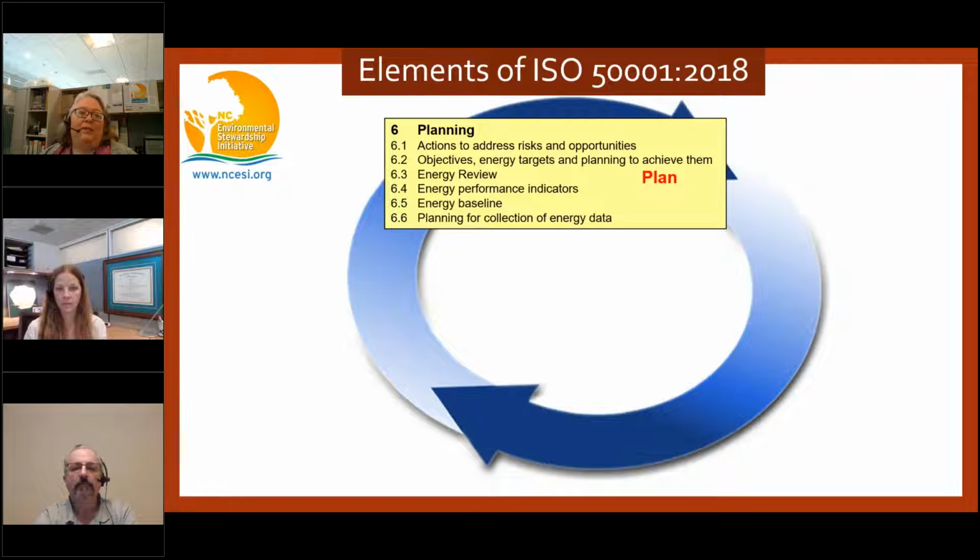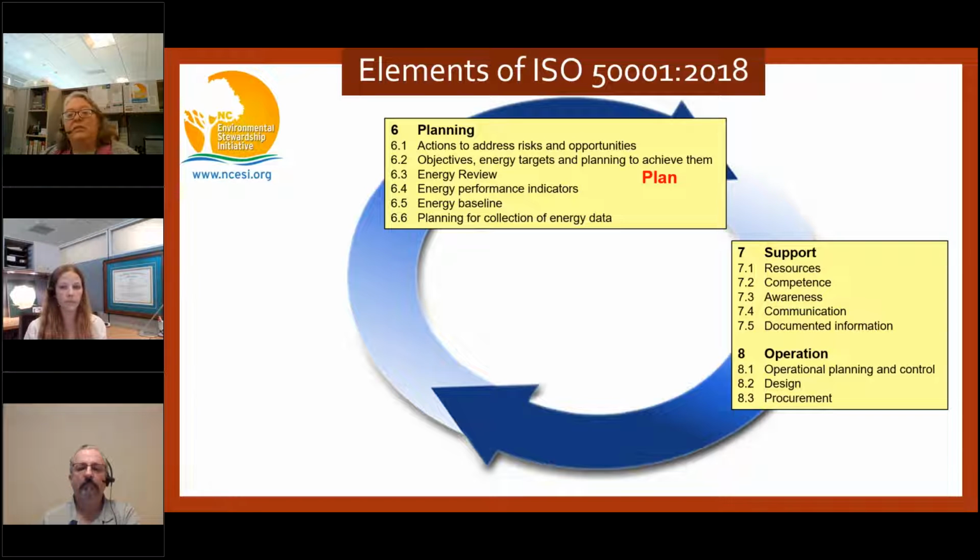With this, we're talking about your risks and opportunities, your goals or objectives. And then you do an energy review of what you currently have and what performance indicators are going to help you get where you want to go. You set your baselines, and then you figure out how you're going to collect your energy data.